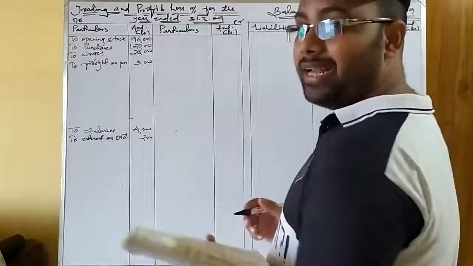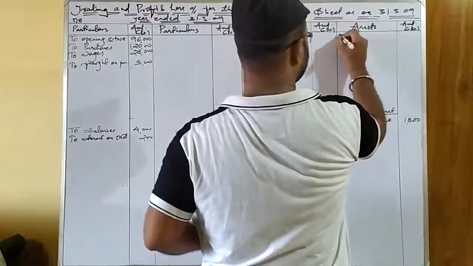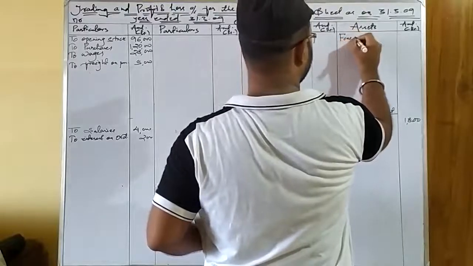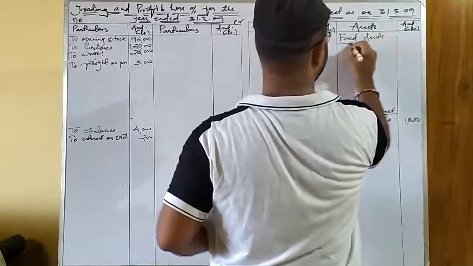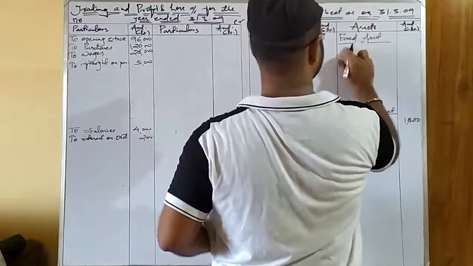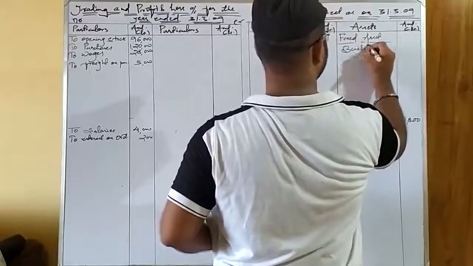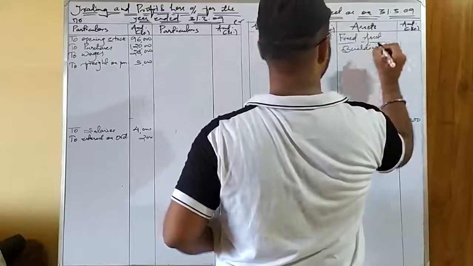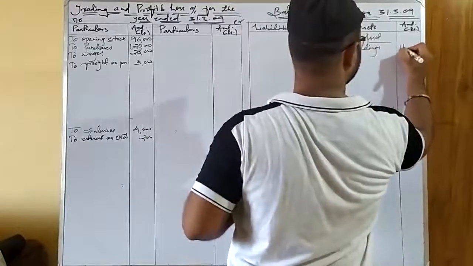Next item given is building. So buildings are the fixed asset because these are the long-term properties. So as you know, we are making a categorization for posting of the assets and liabilities. Okay. Buildings. So buildings are worth 11,000 given in the question.